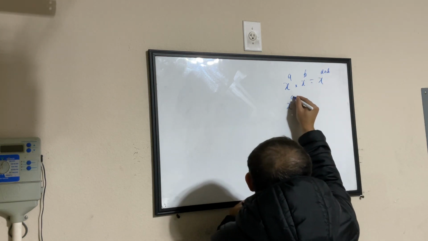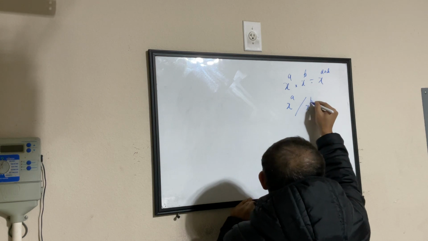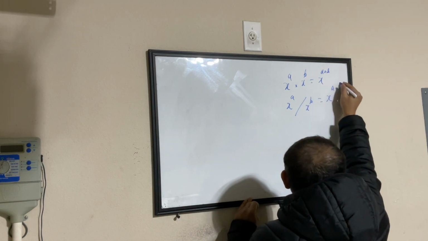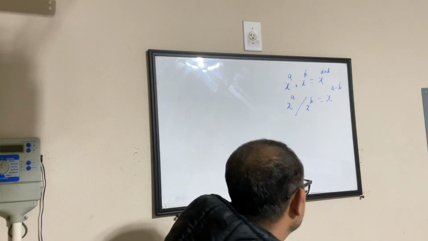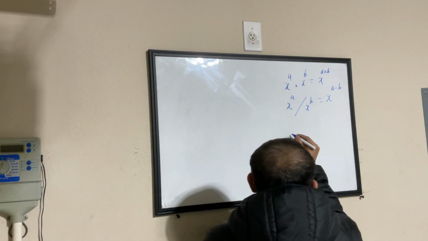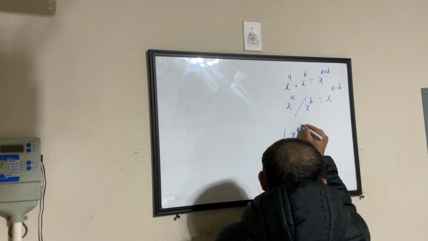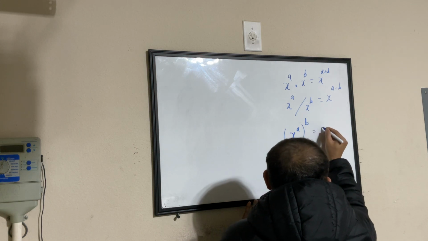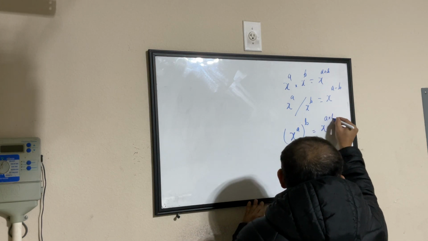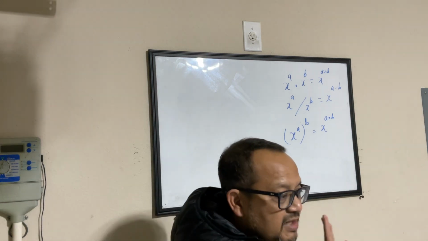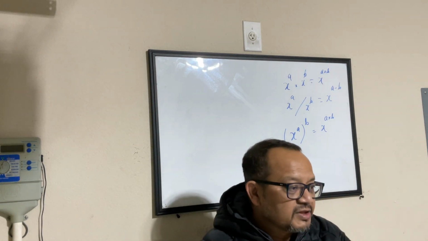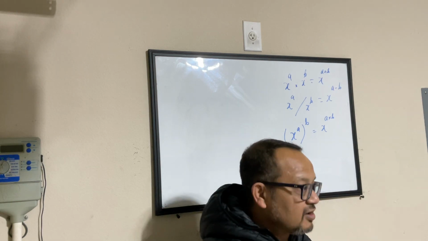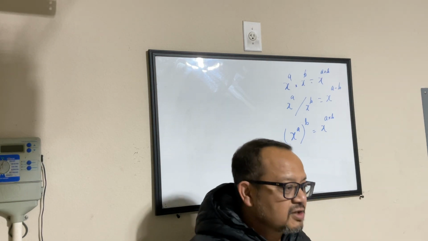When I have x to the power a divided by x to the power b, this becomes x to the power a minus b. I'm just helping you recall those. And if I have x to the power a whole to the power b, that becomes x to the power a times b. These are the three basic rules we need to keep in mind, and everything else we'll do with radical exponents, rational exponents, or just exponents will be the same.